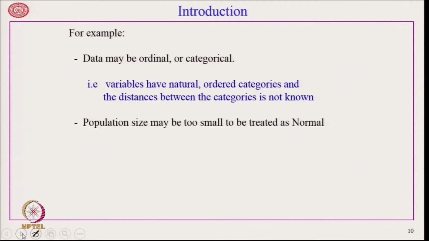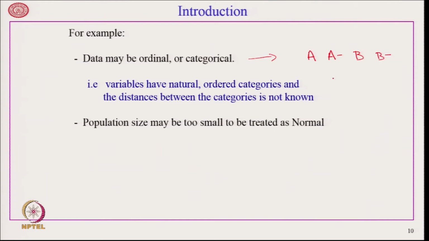For example, data may be ordinal or categorical. For example, when we talk about marks of the students, we may give them A minus, B minus, etc. in our IIT system.